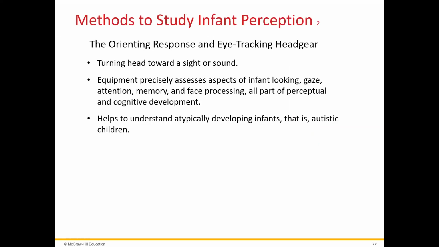Now we use very sophisticated eye tracking headgear, which tells us exactly what the infant's looking at. It's amazing equipment. It pinpoints precisely where the infant's focusing its vision. Some say that this is the most important recent advance in measuring infant perception, the development of this sophisticated eye tracking equipment. So it measures eye movements.